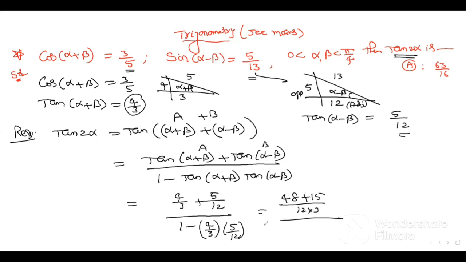Denominator also LCM 12 into 3, so 12 into 3 minus 20 by 12 into 3. The 36 gets cancelled. Here what we get, 63 by 36 minus 20, which is 16. So the answer is 63 by 16.